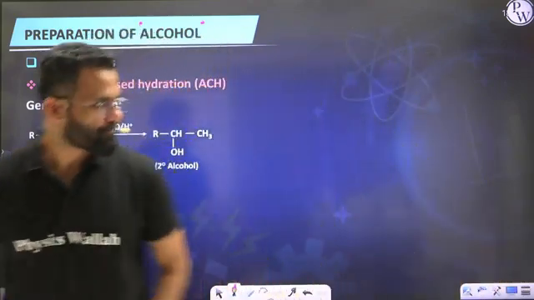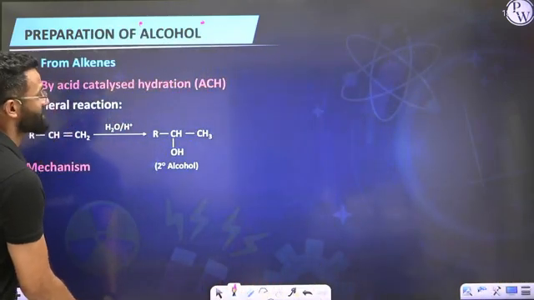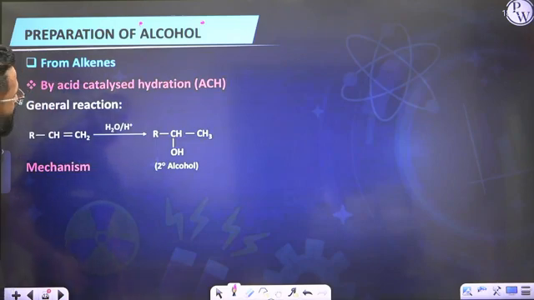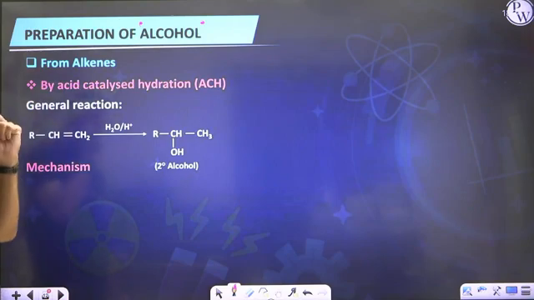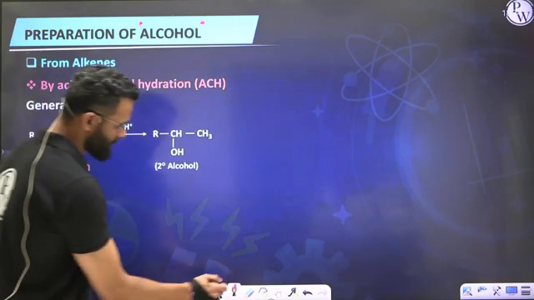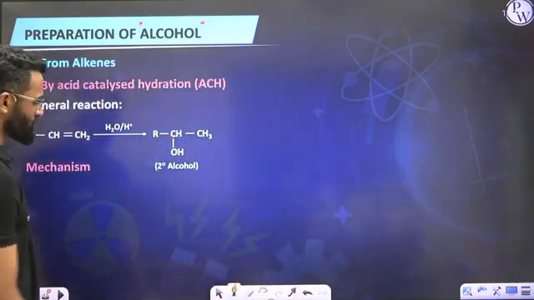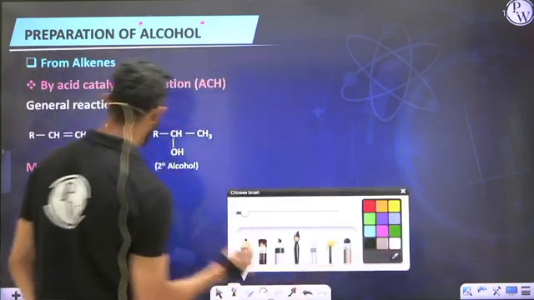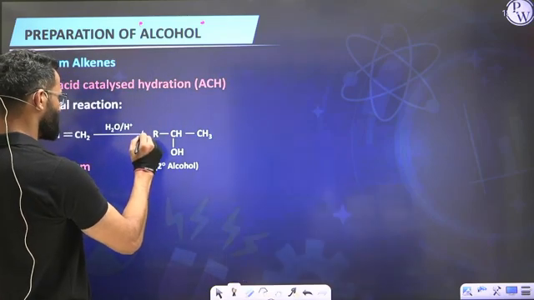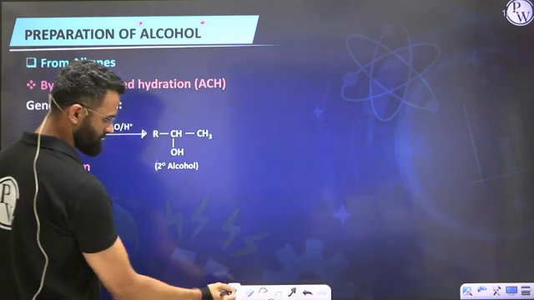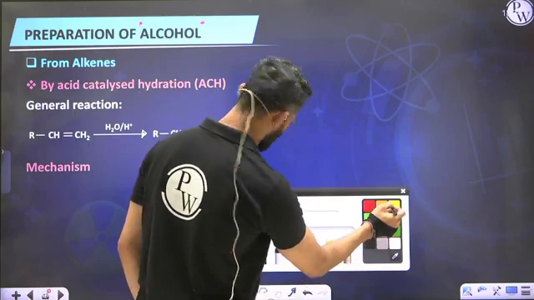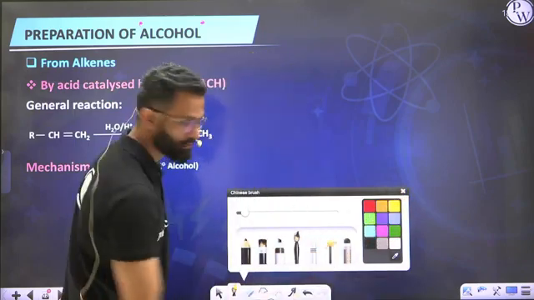Okay guys, let's get started. The first method of preparation of alcohol from alkene is by acid catalyzed hydration of an alkene. I want you all to look at the general form of the reaction first.